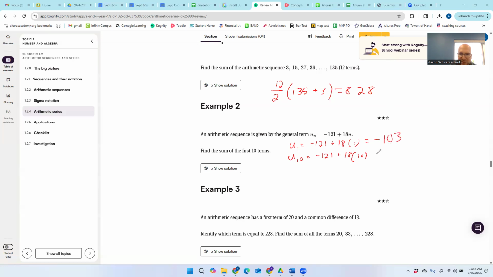That's negative 103. This is 59, I think, yes. So the first 10 terms, use the formula, 10 over 2. I suppose I should put that in here. They will like this better if you notate it.